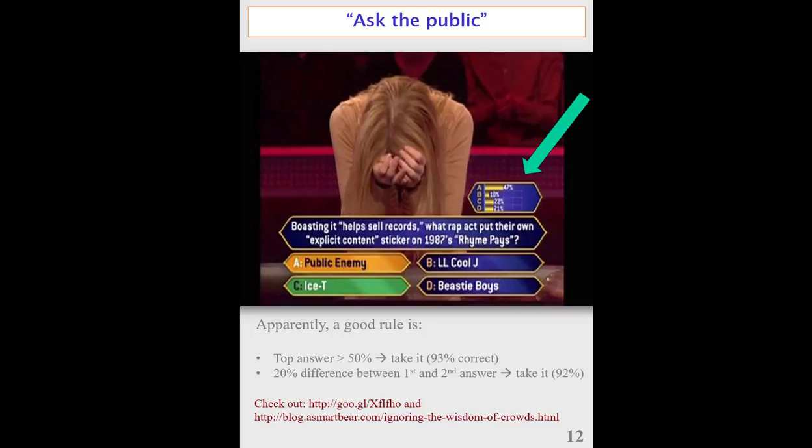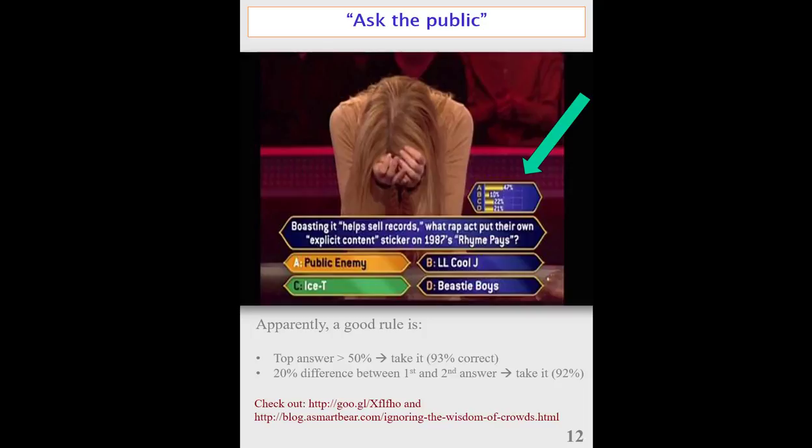If there is a 20% difference between the first and the second answer, if the top answer itself is not more than 50%, then you still have a 92% chance that you'll have it correct. If none of these holds, okay, then you're on your own. It's not obvious what to do anymore. But still, in quite a few of these cases, this will actually work.